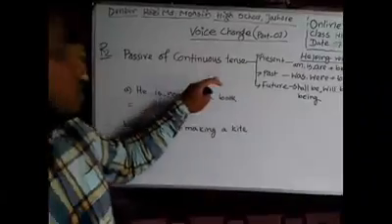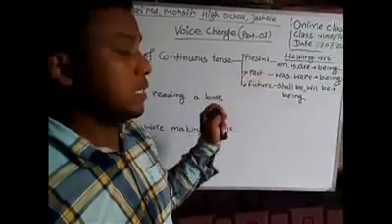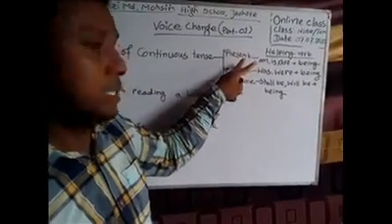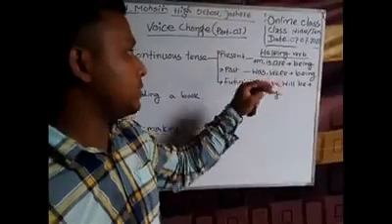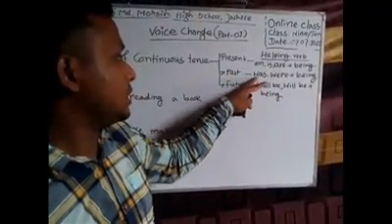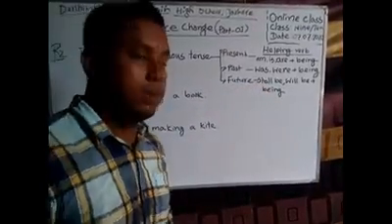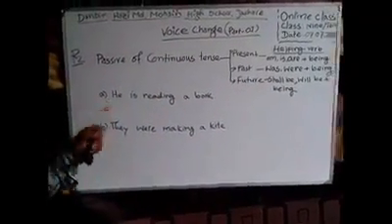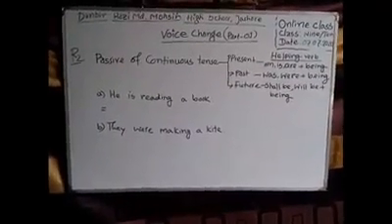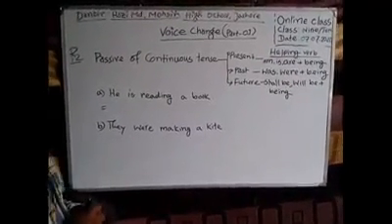I am going to rule number 2: passive of continuous tense, present, past, and future. Helping verb in present continuous tense: am, is, are plus being. Past continuous tense: was, were plus being. Future continuous tense: shall be, will be plus being. So the example is here: he is reading a book. This is the example of present continuous tense.